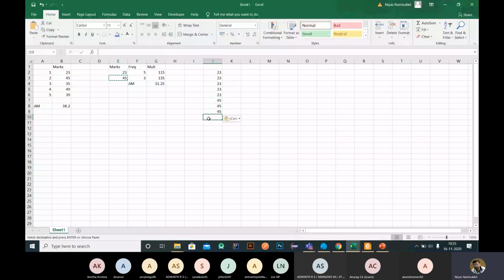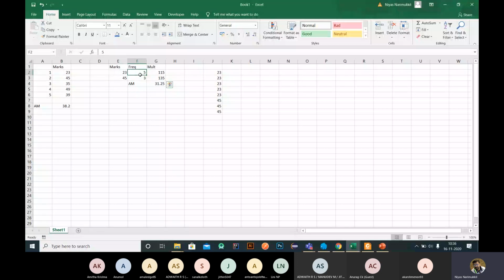What we are doing is summing everything and dividing by 8. The same thing happens with frequency also. Here, instead, we are getting a frequency of 5 and multiplying 23 by 5. This is the answer of the multiplication, and we are adding these two and dividing by the number of frequencies, 5 plus 3, the sum of frequencies, right? So we will get the answer here.